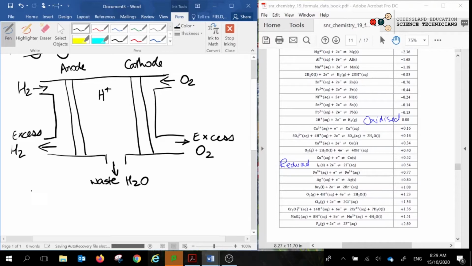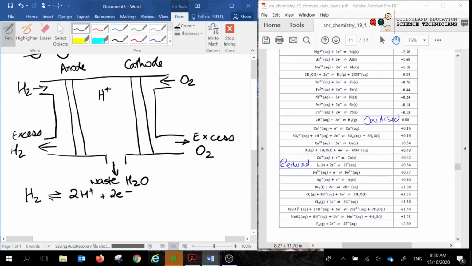So we're going to have an oxidation of hydrogen to form my two hydrogen ions plus my two electrons. And those two electrons can then go across and be used by my oxygen to be reduced.